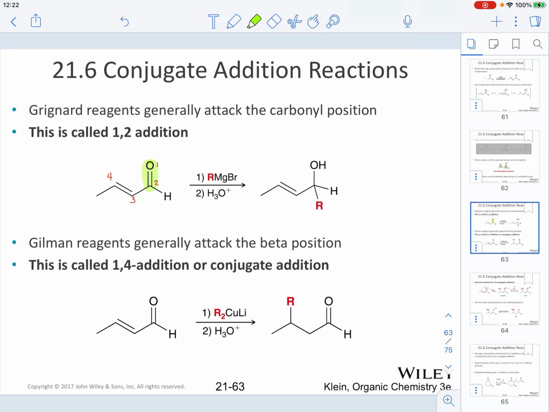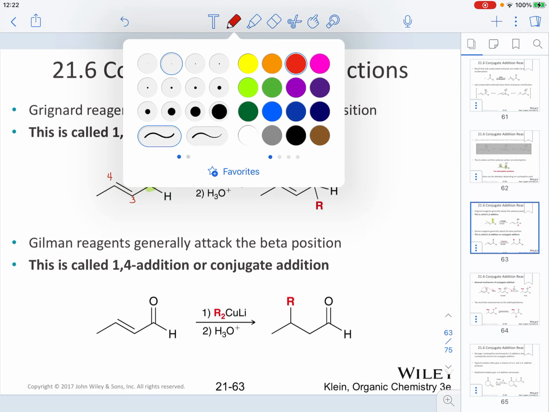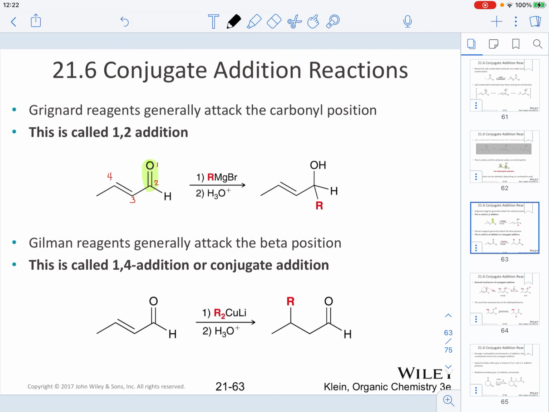The first reaction that we're going to talk about is the presence of Grignard reagents attacking that alpha-beta carbonyl system. When a Grignard reagent attacks this alpha-beta system, it undergoes a 1-2 addition.